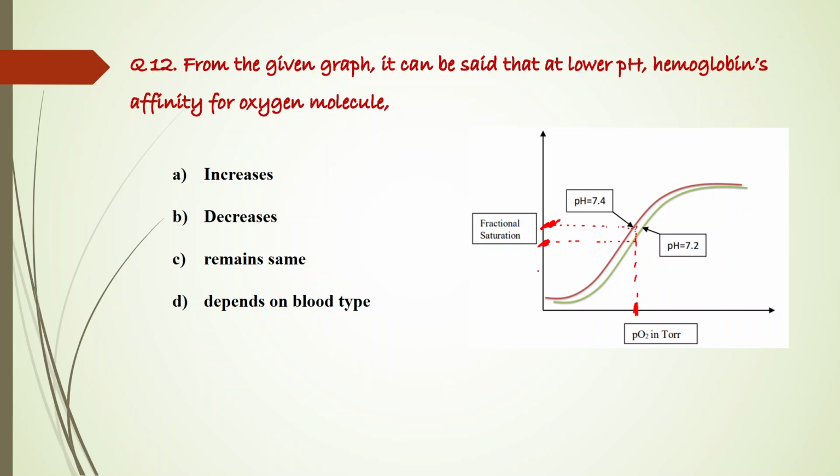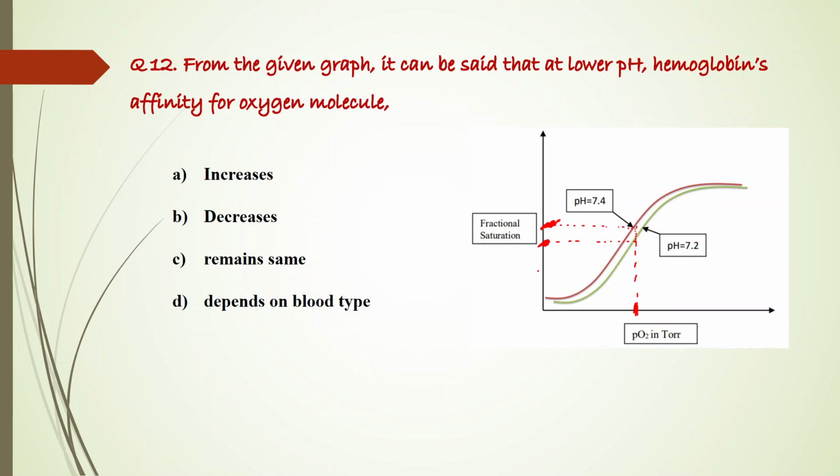Just by drawing the lines, we can very easily understand that. And that is very necessary as well, because we already know that in our muscles and tissues, the pH is lower. And whenever the pH gets low, the affinity of hemoglobin for oxygen molecule decreases.